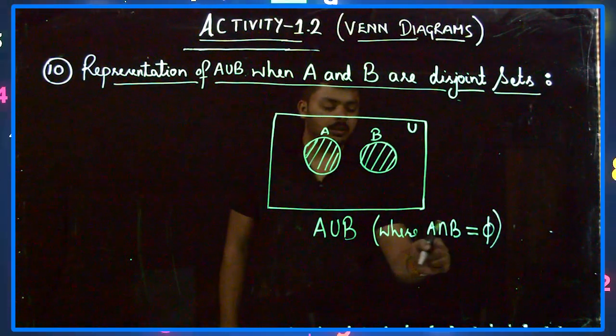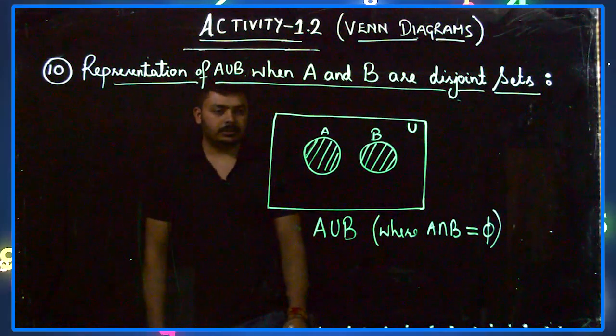That is, it represents that A and B are disjoint sets.